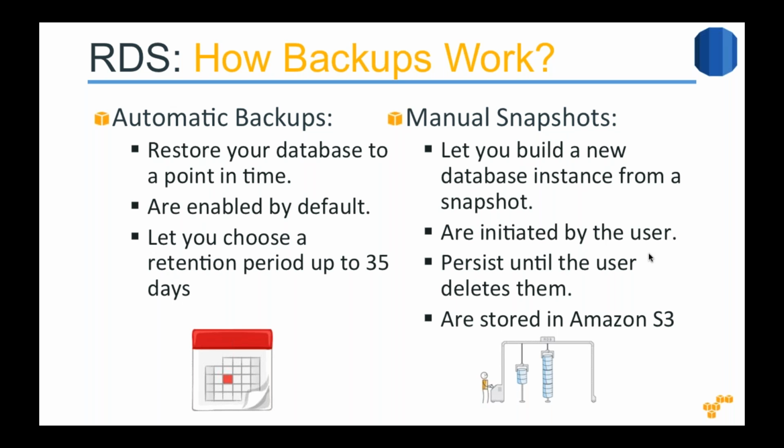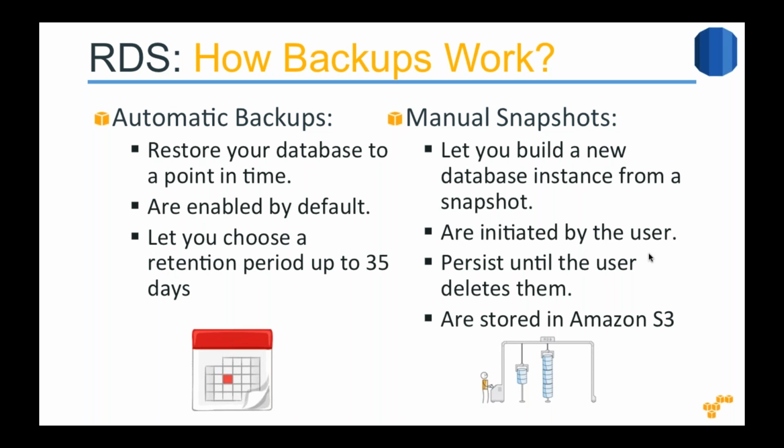So in the manual backup, you can see that it persists until the user deletes them. That means that the manual snapshots reside in your S3 usage, and it will be available until you delete them. And just a point here, if you create a snapshot, don't try to go and search for it in your S3 console. You will not be able to find it there.